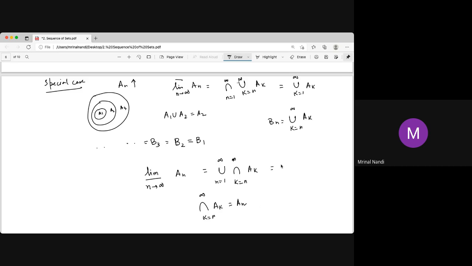That means this is just the union of this. So these two are the same. Basically, lim sup and lim inf are the same. So if it is an increasing sequence, the lim sup and lim inf are the same, and that is called the limit. Similarly, you can check that if it is a decreasing sequence, then also your lim sup and lim inf will be equal.